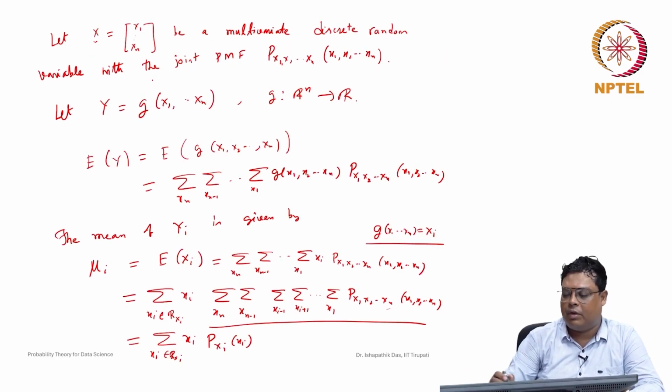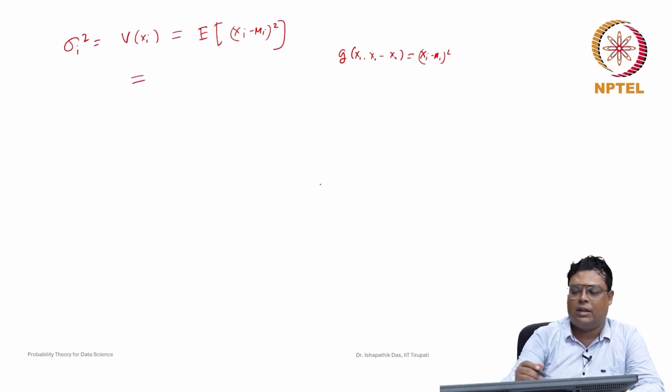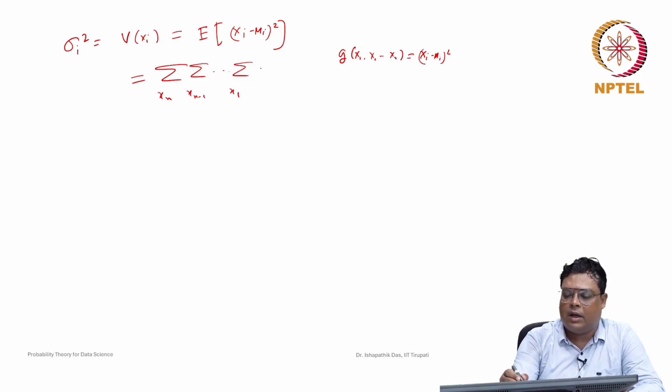So this is nothing but the summation over all values xn can take, down to all values x1 can take, of xi minus mu i whole square times p of x1, x2, xn.